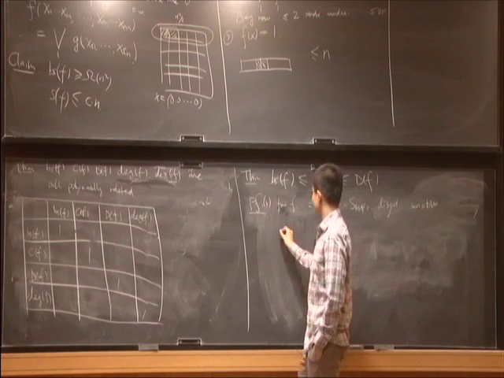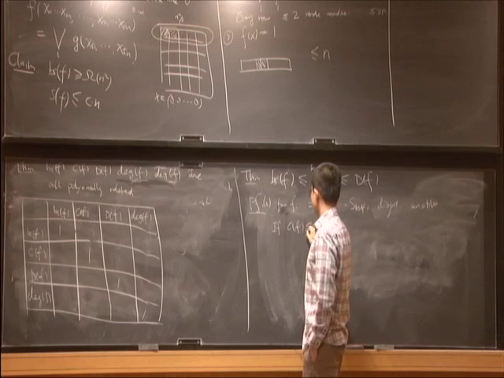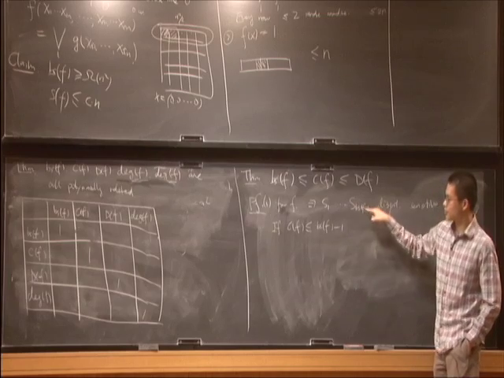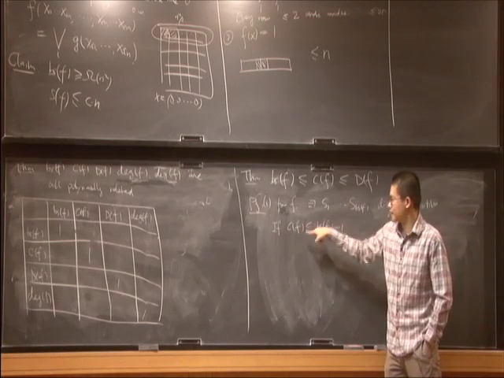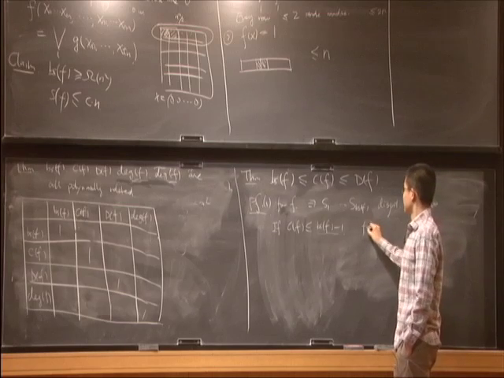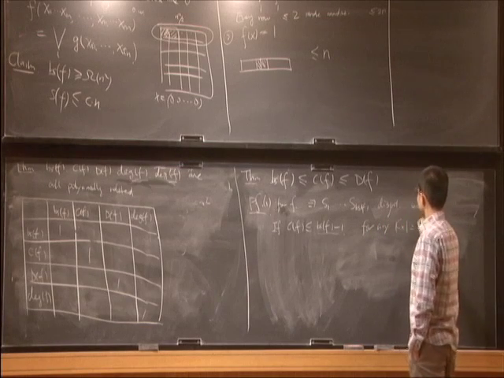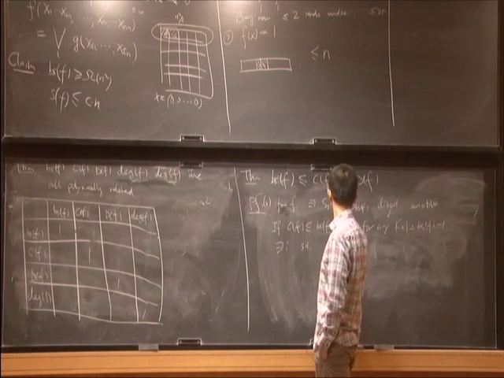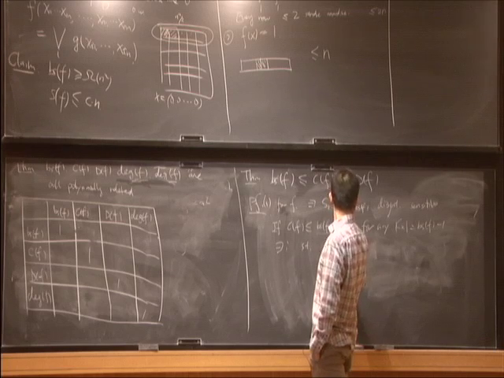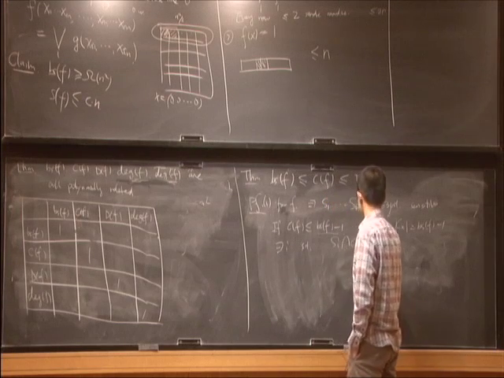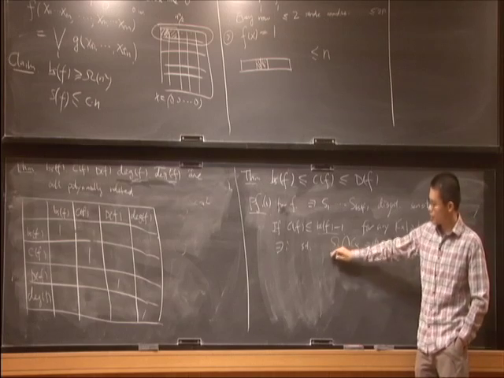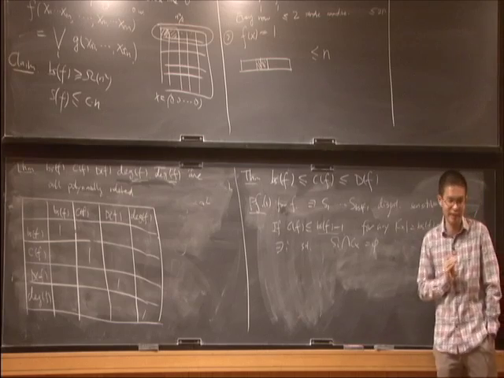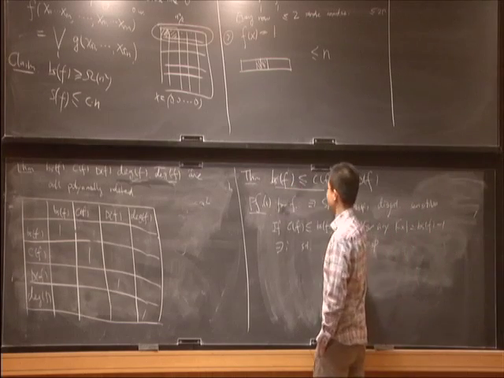Now, if C of f is less than or equal to bs(f) minus 1, then there must be at least one block that does not intersect any certificate of this size. So for any C_x of size bs(f) minus 1, there exists i such that the intersection of S_i with C_x is empty. Then we can just change this block and get a different value. So this C_x cannot be the certificate. So now I've solved the first inequality.